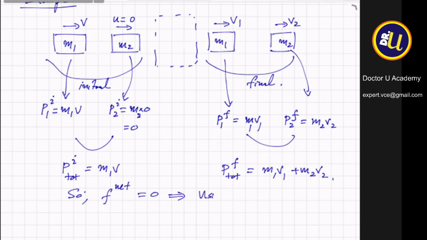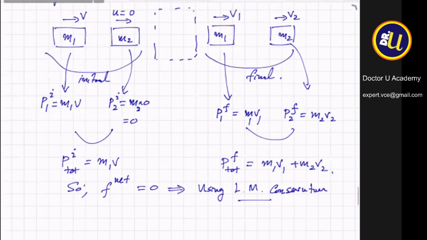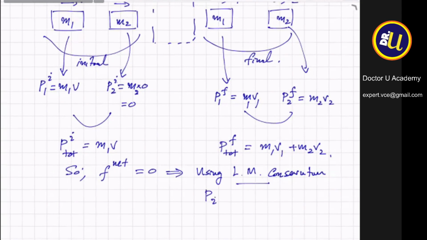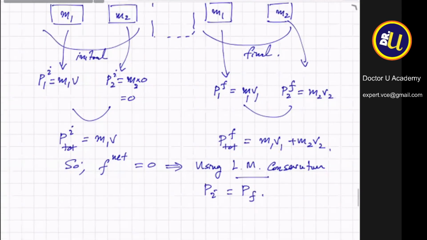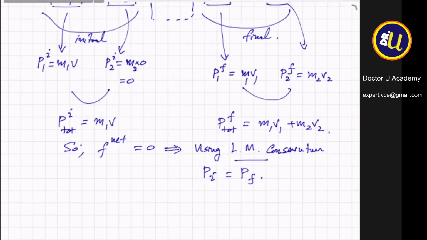So using linear momentum conservation, one can say P initial is equal to P final. So P initial value would be m1 v is equal to P final value, which would be m1 v1 plus m2 v2, and this is the relation that you obtain from the linear momentum conservation.